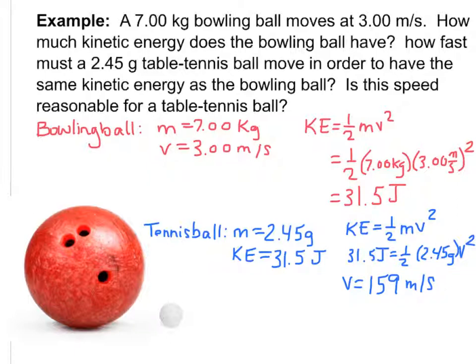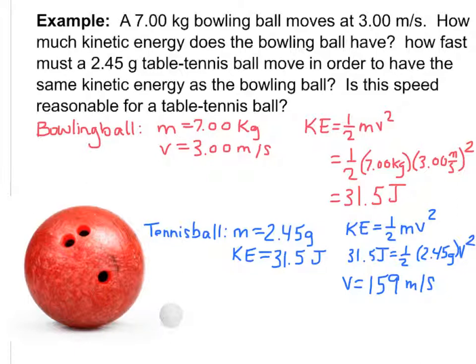Now my last question in this problem: is this speed reasonable for a table tennis ball? Well, we don't usually think of objects traveling in meters per second, but when I convert this into miles per hour, that would be something a little more tangible for us.